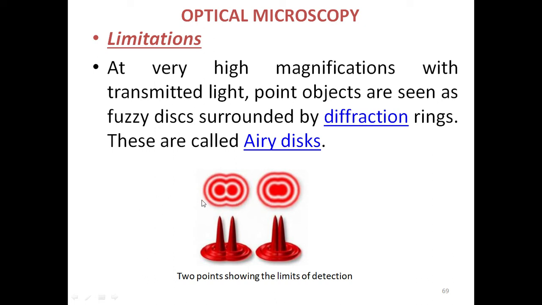If the points are far apart, we can see these Airy disks are far apart, but when the points are very near, you can see the conjunction of these Airy disks and the loss of image quality.